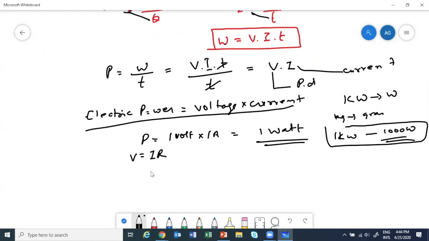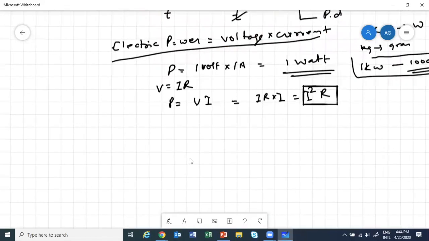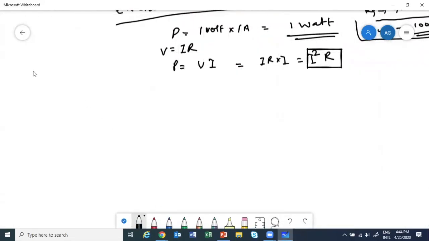So if P equal to V into I, and we substitute the value of V, that is IR, into it, we get I square R. So there is another formula. So one is P equal to VI, the other is P equal to I square R. This is first, this is second.